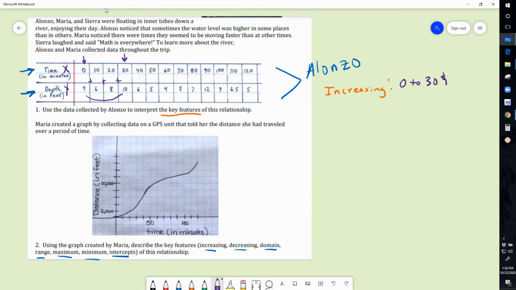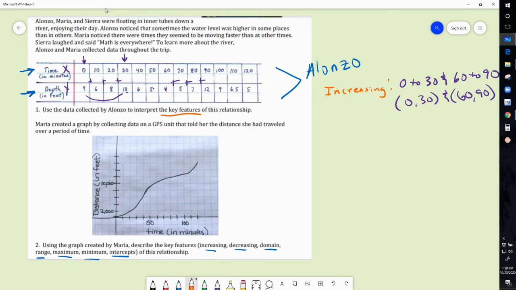Then we're decreasing, and then we start increasing again. So from 60 to 70, we're increasing, all the way to 90. So I'd say from 60 to 90. Now you can always just say from 0 to 30 and 60 to 90, that's fine. So that's where we're going up.